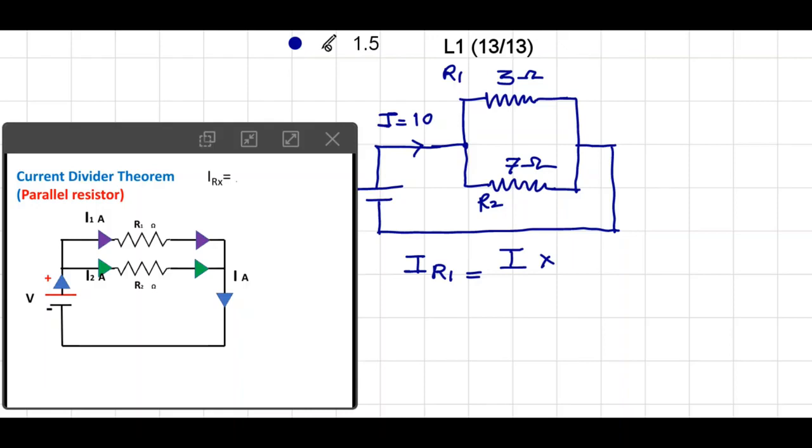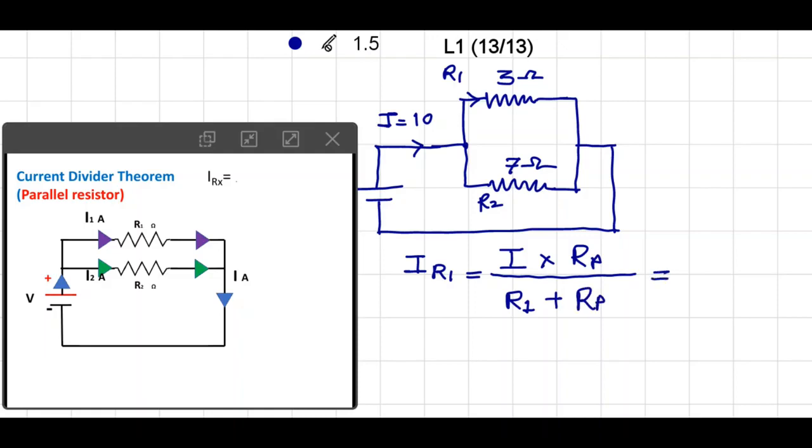But in this case, you have to consider the Rp. Means if I want to find out the current through this R1, then this value should not be taken in the numerator. We have to consider the value of the resistance which is parallel to this resistance, and here it is R2. So that should be considered, divided by the value of the resistance through which we are measuring the current, that is R1, plus the total parallel resistance.